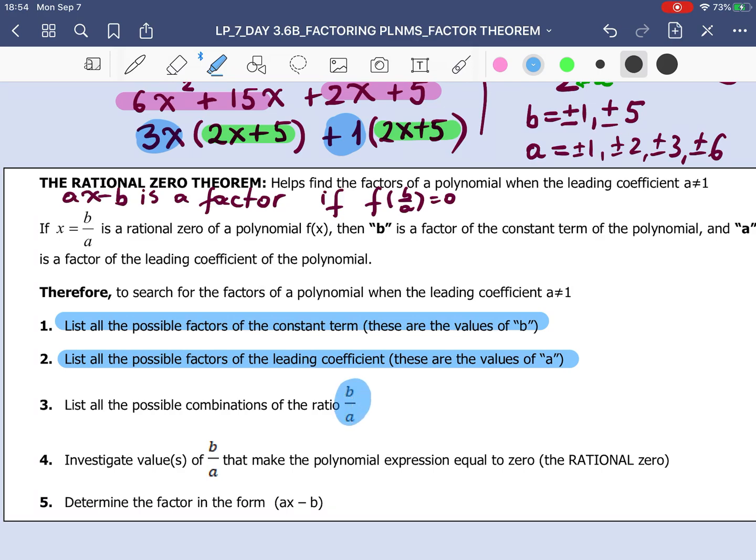Then we create all the possible combinations of b over a. And last, we investigate which b over a would make the polynomial 0. Once we find that value, then we say that ax minus b, depending on what values we get, would be a factor of the polynomial.